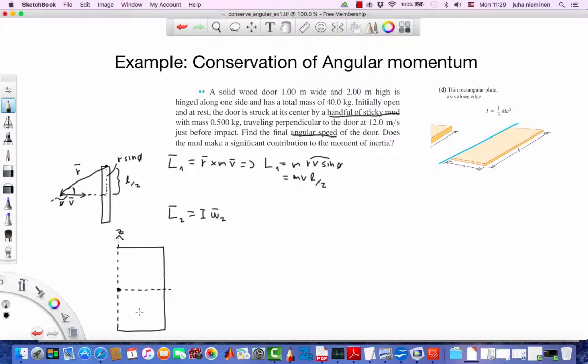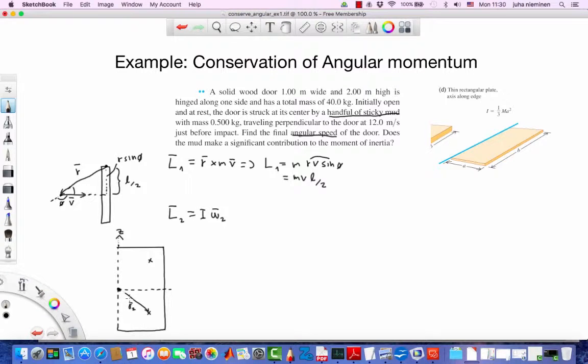Now let's consider two points in the door that are symmetric about this axis. For example, here, the x means that this is in fact the velocity vector of that point, going into the screen. And then we have the position vector here. Let's call this R2. If you take the cross product of R2 and V2, you can use your right hand rule.